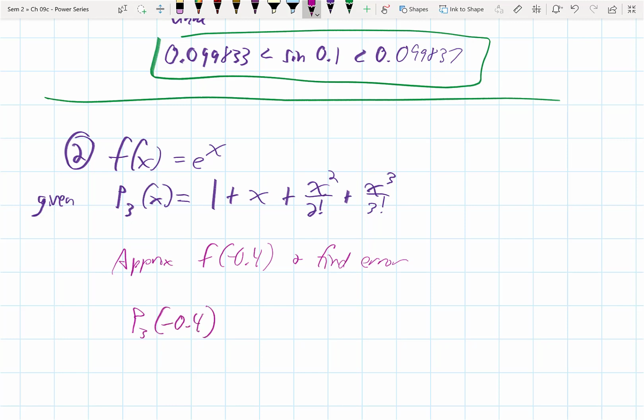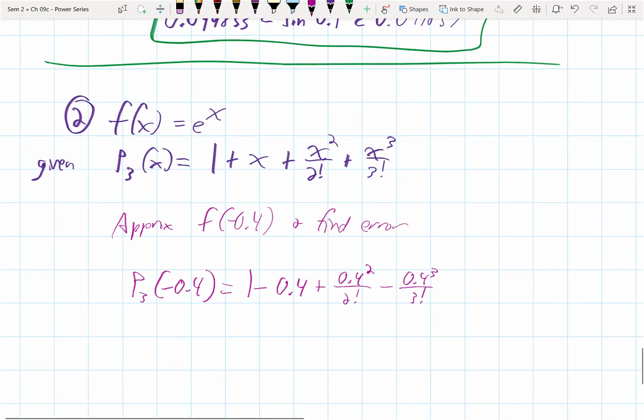So we're going to do p sub 3 of negative 0.4, which is 1 minus 0.4 plus 0.4 squared over 2 factorial minus 0.4 cubed over 3 factorial. You can take a calculator. An interesting thing would be to give you a 4-function calculator and actually ask you to do this. Oh, that would be fun, and I'm considering that. So I get about 0.66933.